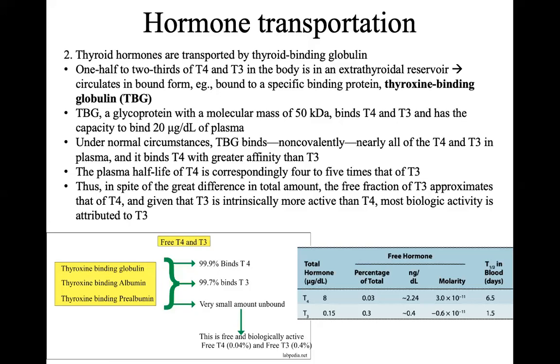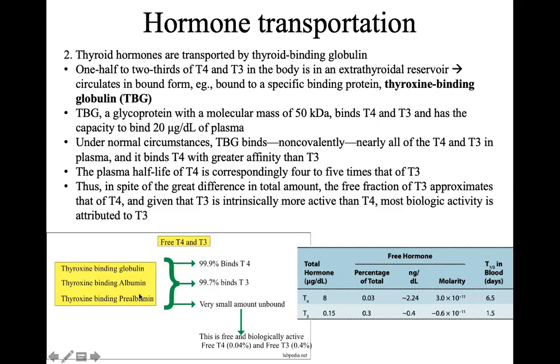For free T4 and T3, in the diagram at the bottom, which I put on the left hand side in yellow, you have the thyroxine binding globulin, the TBG, 99.9% bound to T4. Albumin is also a transport protein, and you can find it in egg white. It is important for transporting thyroxine and 3-iodothyronine.